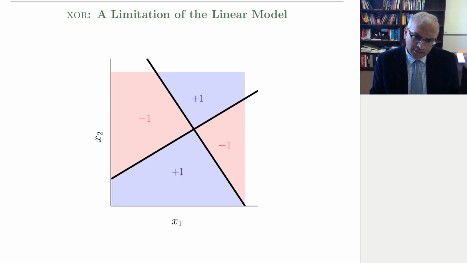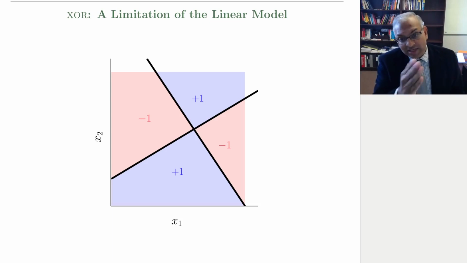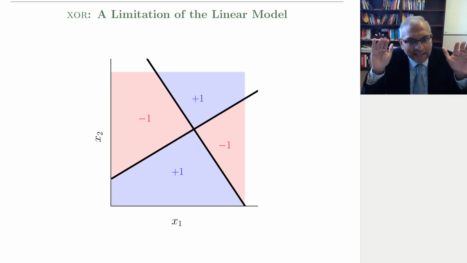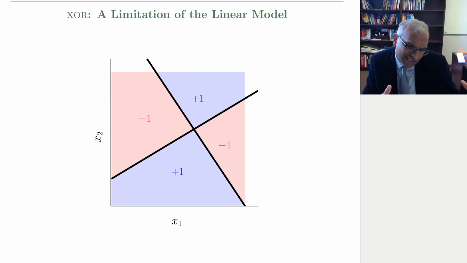Now, let's first start by showing how cascading of linear models can allow us to do something like this complicated XOR function. Okay? And that'll lead us to the general multilayer perceptron. Okay? And we will then build the general notation for neural networks and show how we get in a very simple way from the multilayer perceptron to the neural network. Okay? So the main goal today is to demonstrate the power of cascading linear models.